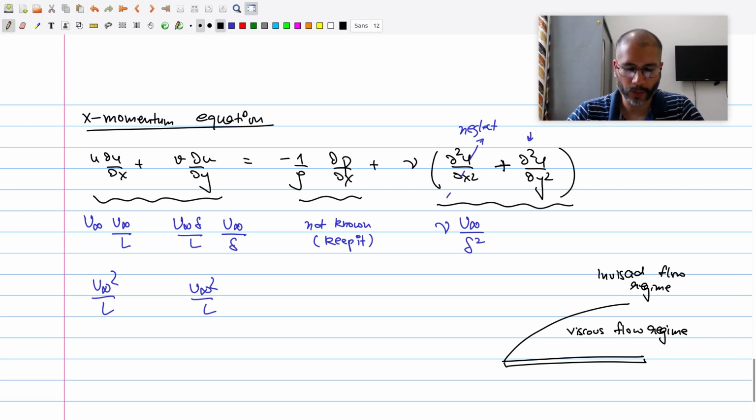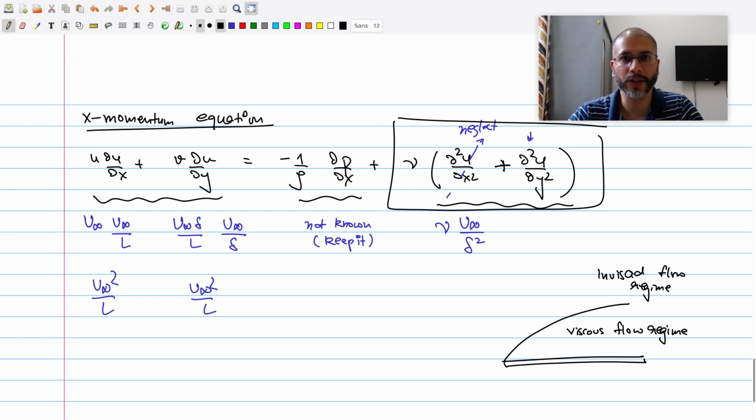These terms are pushing the flow further because of its inertia. We call them the inertial terms, the convective terms. So outside the boundary layer, the viscous part can be neglected, because the viscous effects are negligible as compared to the inertial effects.